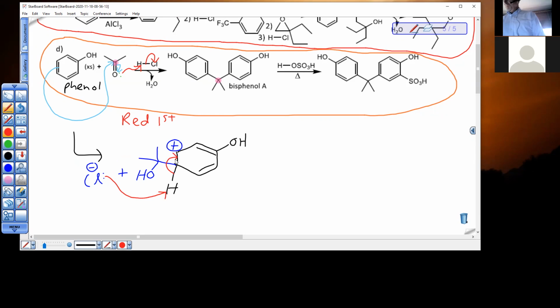And resonate up. And we've generated phenol with an acetone attached. Phenol with an acetone. Maybe that's where the A comes from, because it came from acetone. Just thinking out loud here.